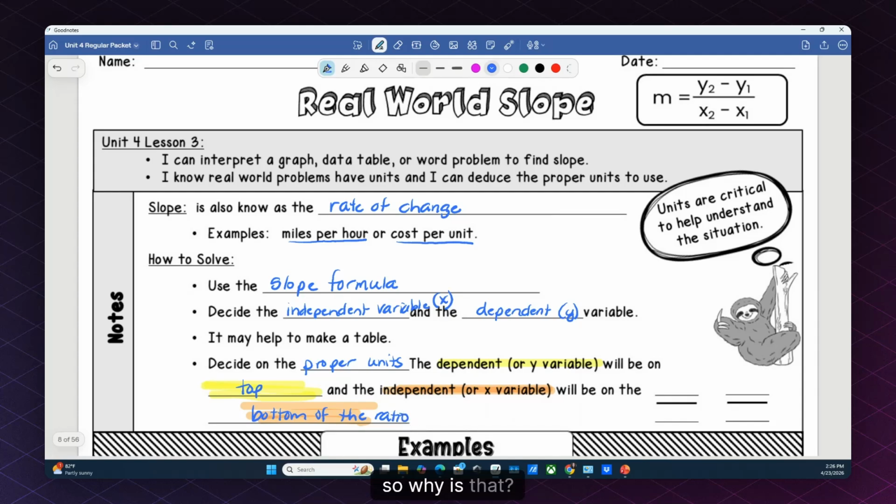Why is that? Look up here: my x's are on the bottom, and my y's are on the top.